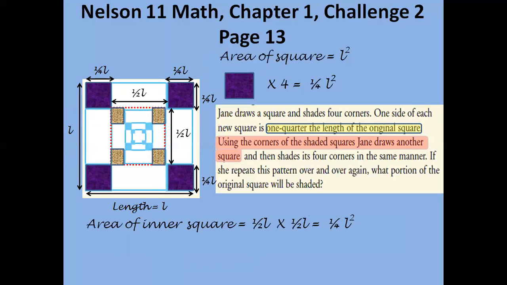The area of the inner square will be half L times half L, which is 1/4 of L square.